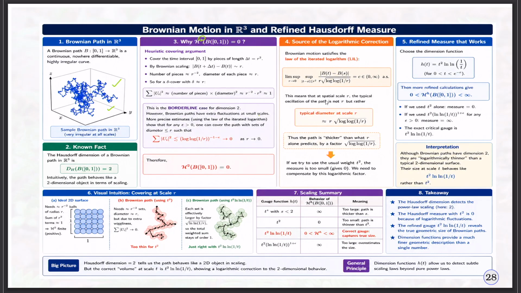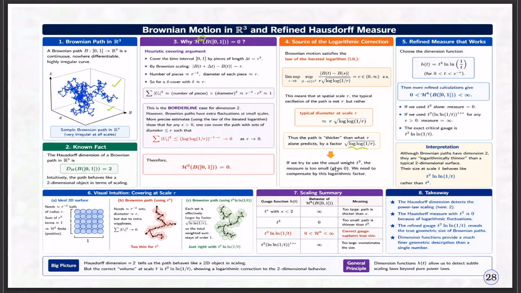This means that at spatial scale r, the typical oscillation of the path is not r, but rather r times this quantity. Thus the path is thicker than what r alone predicts by this factor.